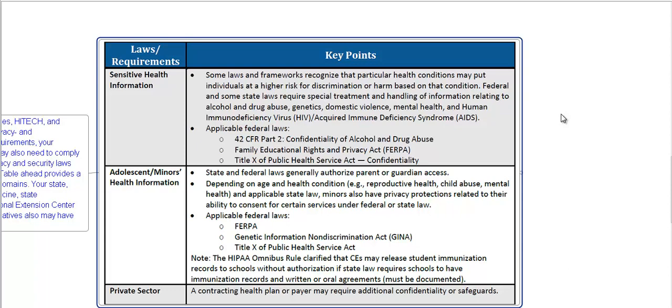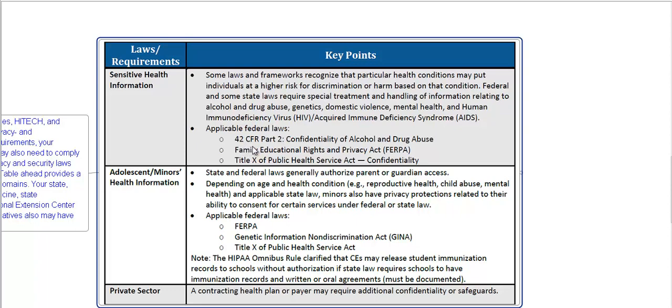Federal and some state laws require special treatment and handling of information relating to alcohol and drug abuse, genetics, domestic violence, mental health, and human immunodeficiency virus (HIV), acquired immunodeficiency syndrome (AIDS).